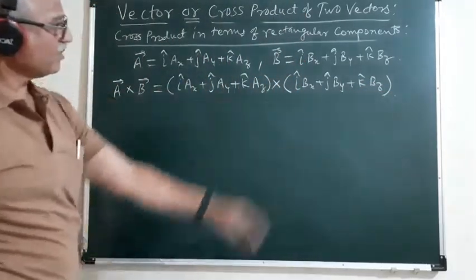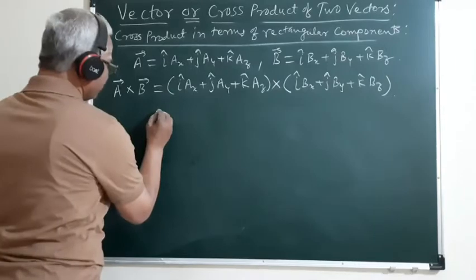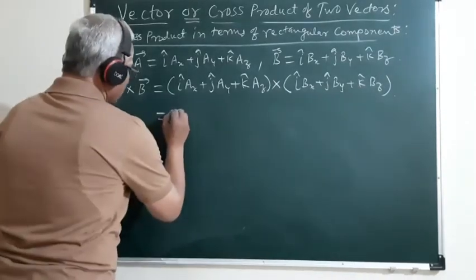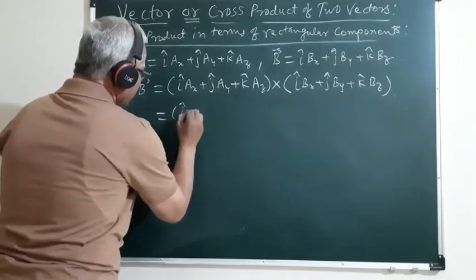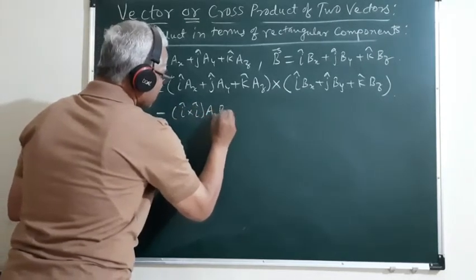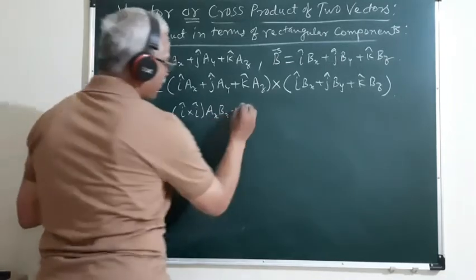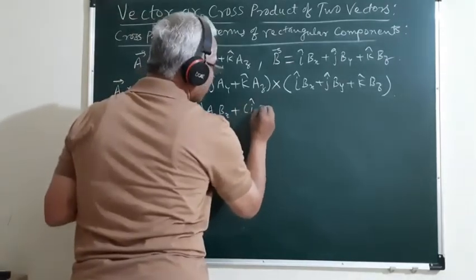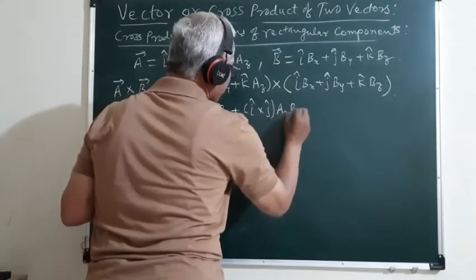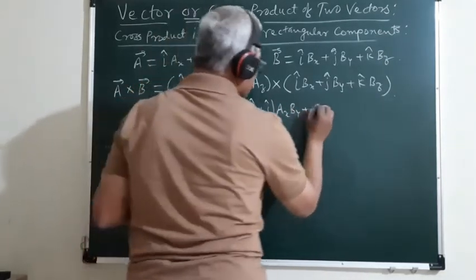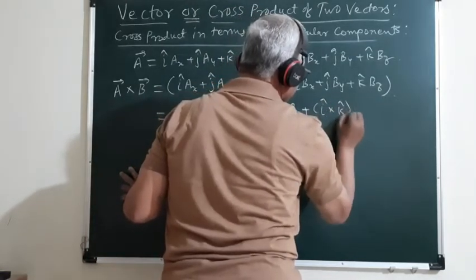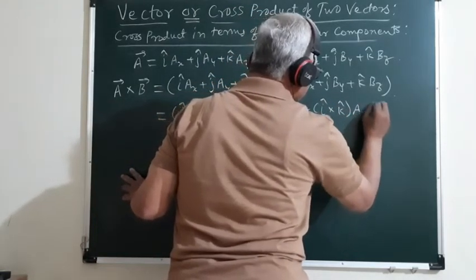And if we take the product of these two brackets, the first term will be i cap cross i cap ax bx plus i cap cross j cap ax by plus i cap cross k cap ax bz.